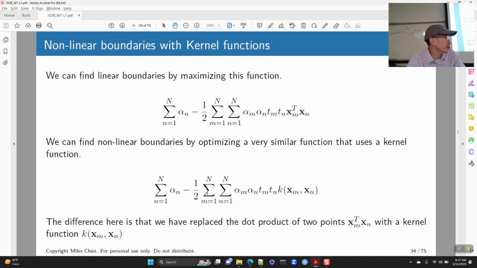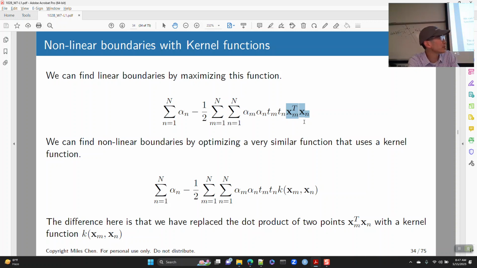Support vector machines really only become useful in classification problems by complicating our setup to allow for nonlinear boundaries. All of our problems have used this quantity, x_m transpose x_n, an inner product.